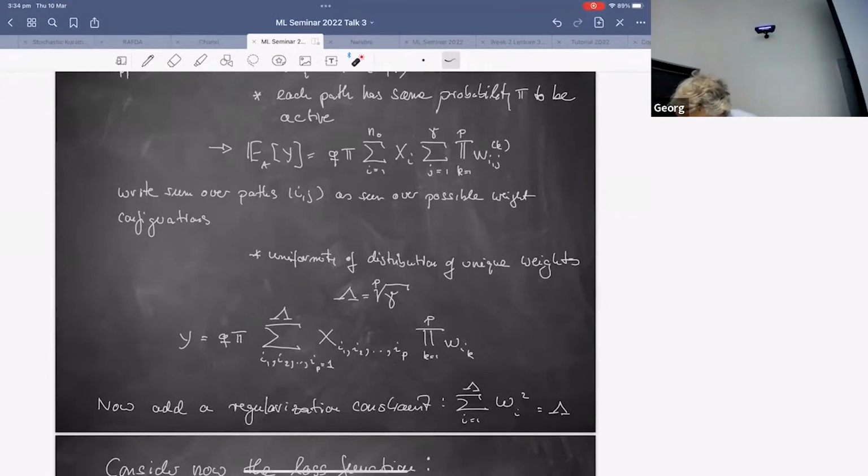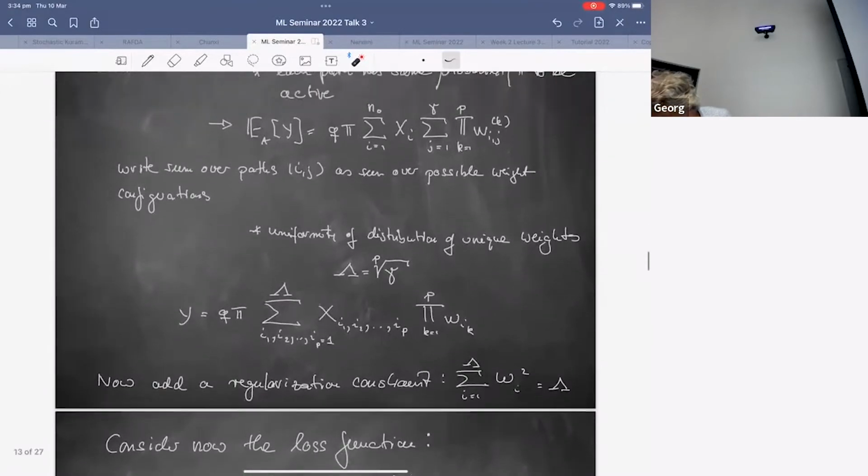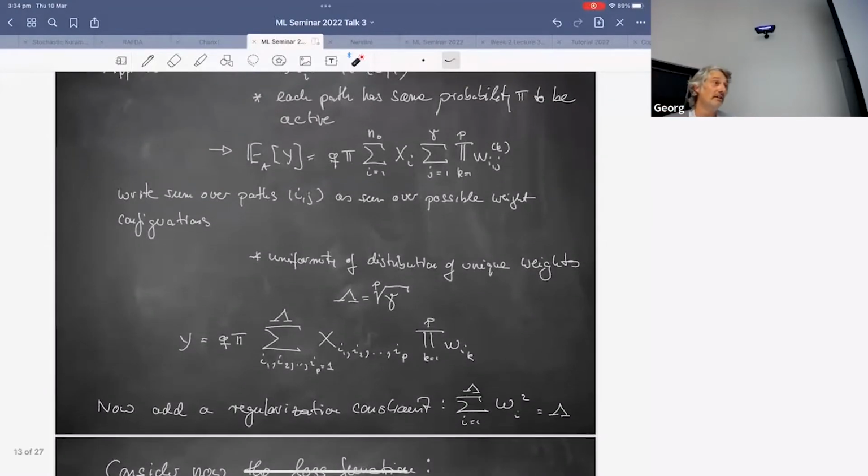And then you can rewrite this as a sum over all those weight configurations that go up to lambda here. And the xi becomes this xi i1, i2, up to ip, whatever weight configuration I'm looking at. And that now looks like the p-spin glass model. Okay, if we have an additional constraint here, that the sum here is also normalized, that I live on a sphere.